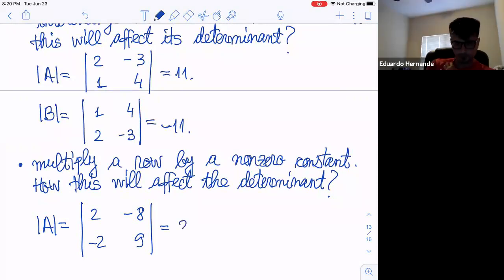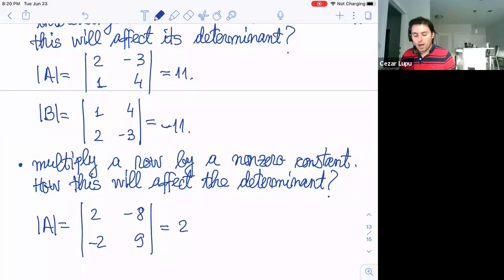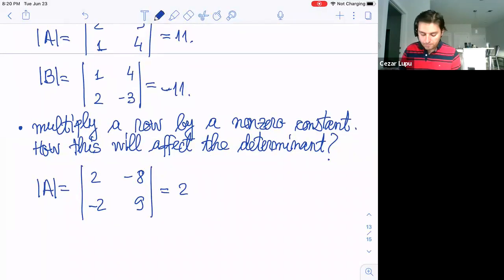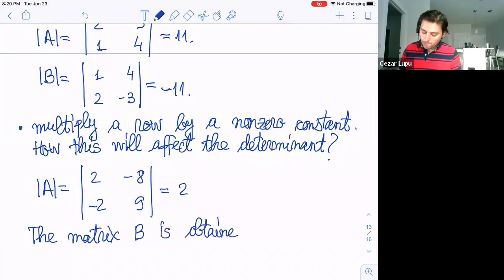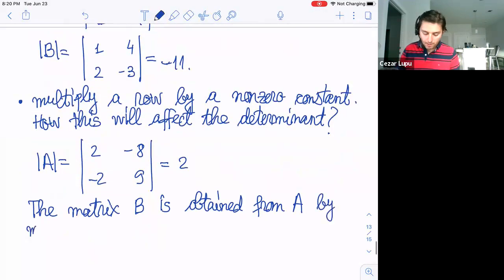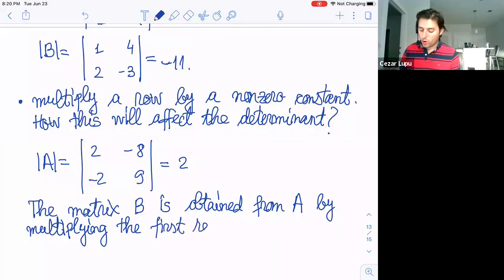2, correct. And now what I'm going to do, I'm going to multiply by a non-zero constant. Let's say the matrix B is obtained from the matrix A by multiplying the first row, and pay attention here, only the first row by, let's say, the non-zero constant 1/2.